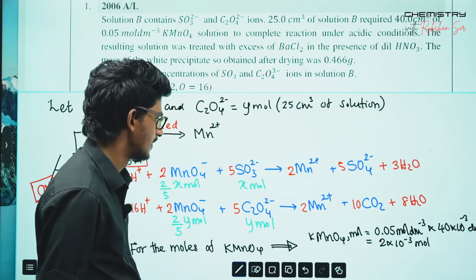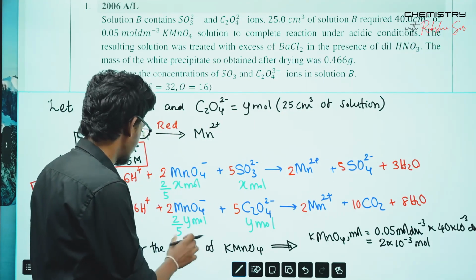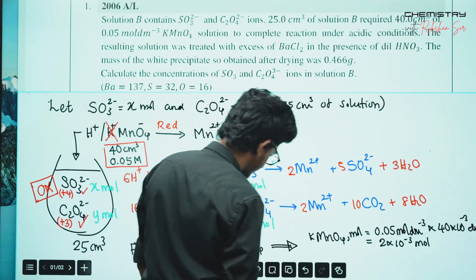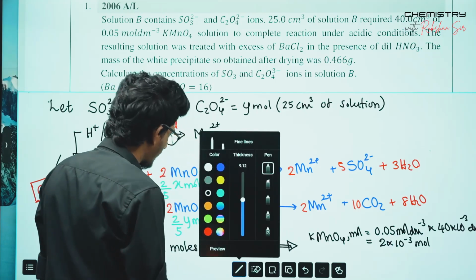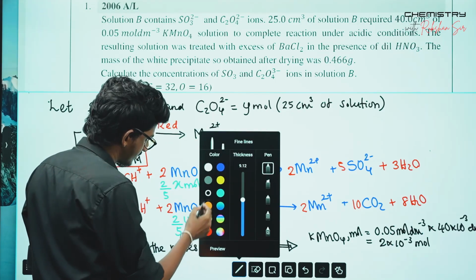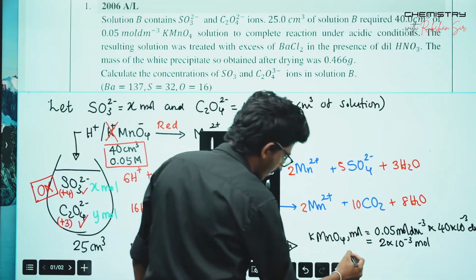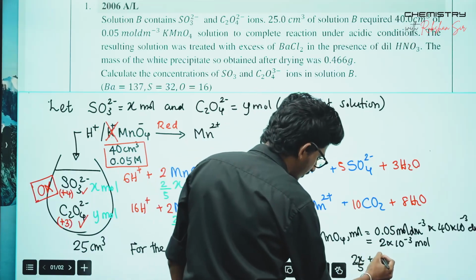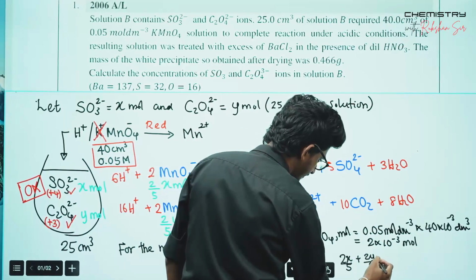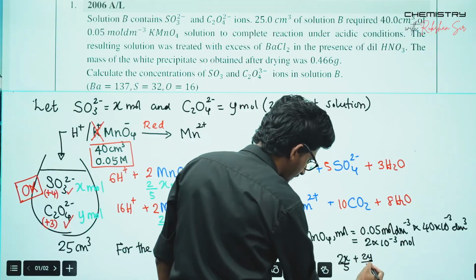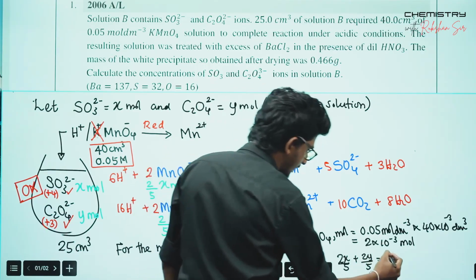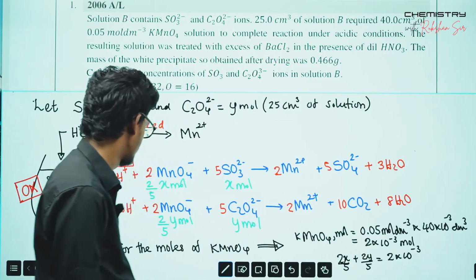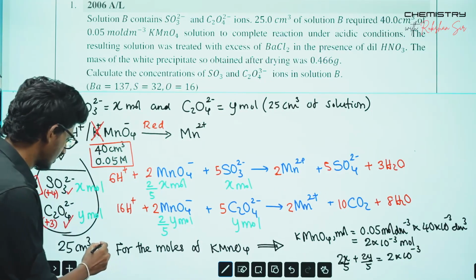So in terms of x and y, you can write 2x over 5 plus 2y over 5 is equal to 2 × 10⁻³, for the moles of KMnO4.